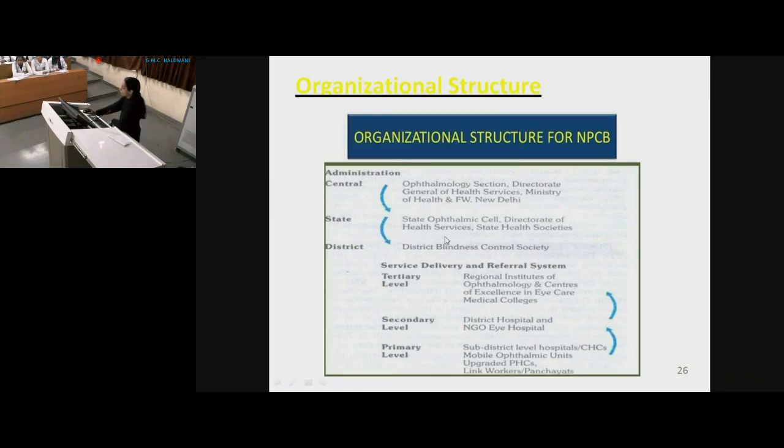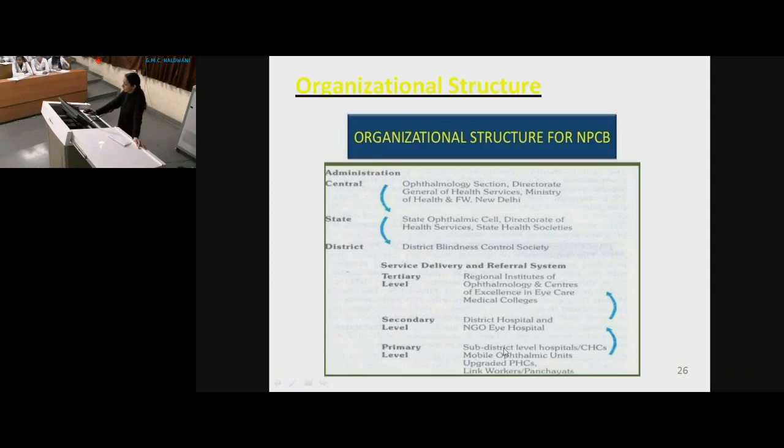Then at state level we have State Ophthalmic Cell, Directorate of Health Services, State Health Societies. डिस्ट्रिक्ट लेवल, डिस्ट्रिक्ट ब्लाइंडनेस कंट्रोल सोसाइटी, इसको शॉर्ट में हम DBCS भी बहुत फ्रिक्वेंटली यूज होता है, DBCS. देन एट दिस ग्रास रूट लेवल, प्राइमरी लेवल क्या है? सब डिस्ट्रिक्ट लेवल हॉस्पिटल, CSC, मोबाइल ऑप्थेल्मिक यूनिट्स, अपग्रेडेड PSC एंड लिंक वर्कर्स.